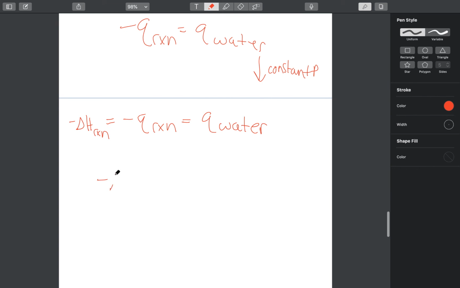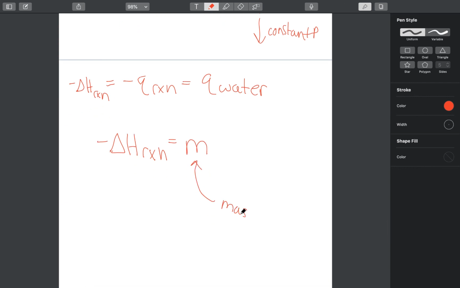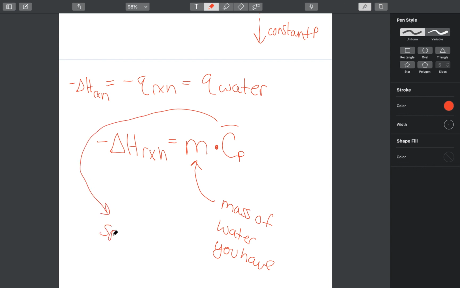So negative delta H of the reaction is equal to the mass of water that you have, times the specific heat of water, times the change in temperature of the water.